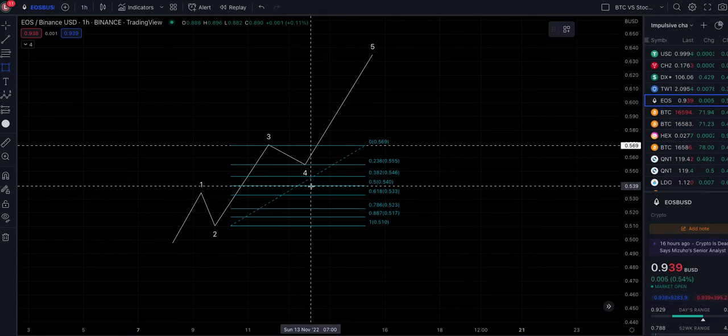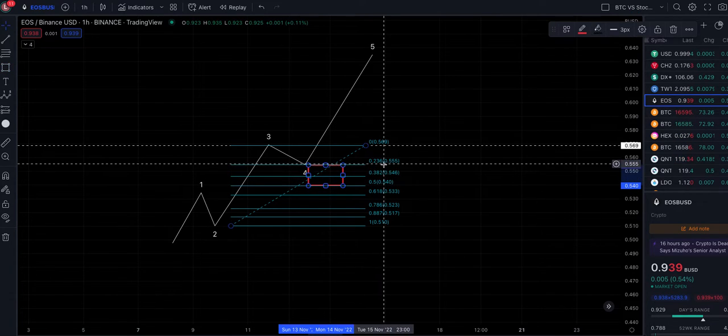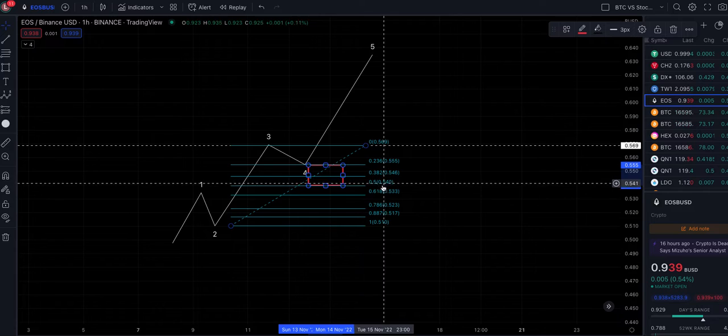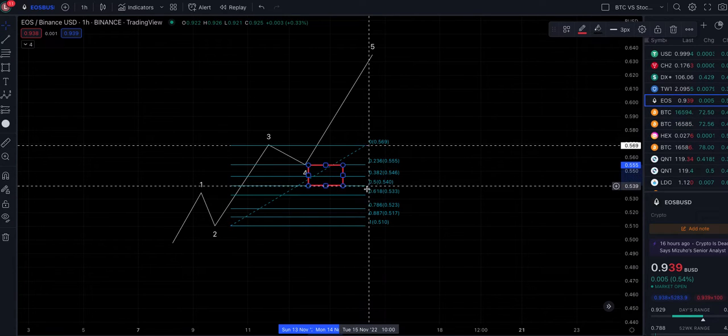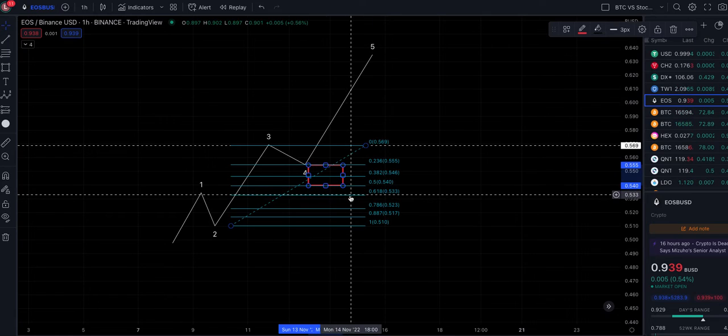All right, now with a 4th wave, you usually can retrace to the 0.236 to the 0.382 fib. The last resort is the 50%. In some cases, it can go down to the 0.618 fib in a wave 4.